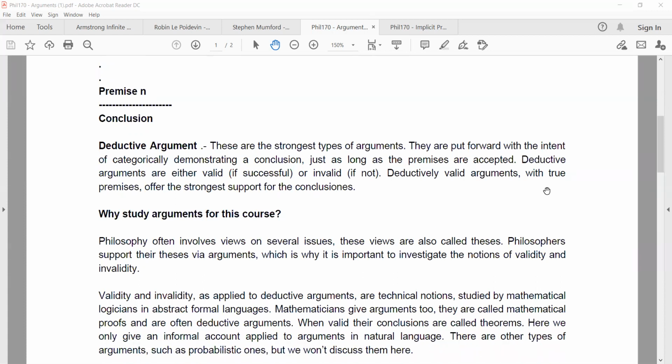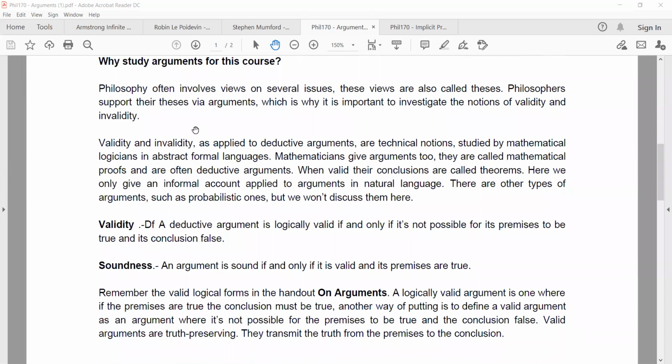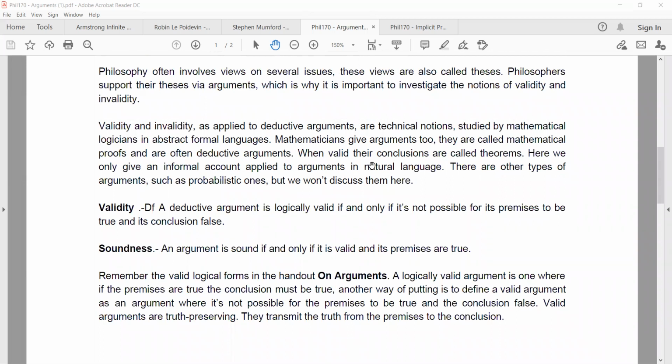So deductively valid arguments are just going to be arguments that support the conclusion in the strongest possible sense. And yeah, as I mentioned, here are some of the reasons to study arguments. They are often involved very strongly in philosophy, but not only in philosophy, they are also involved in the sciences. And in mathematics, arguments actually play a very important role. So for example, mathematical proofs are simply deductive arguments which are valid.